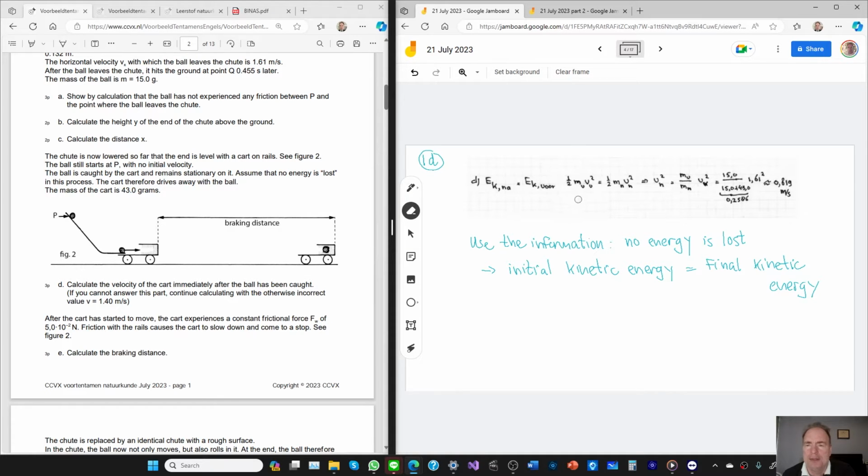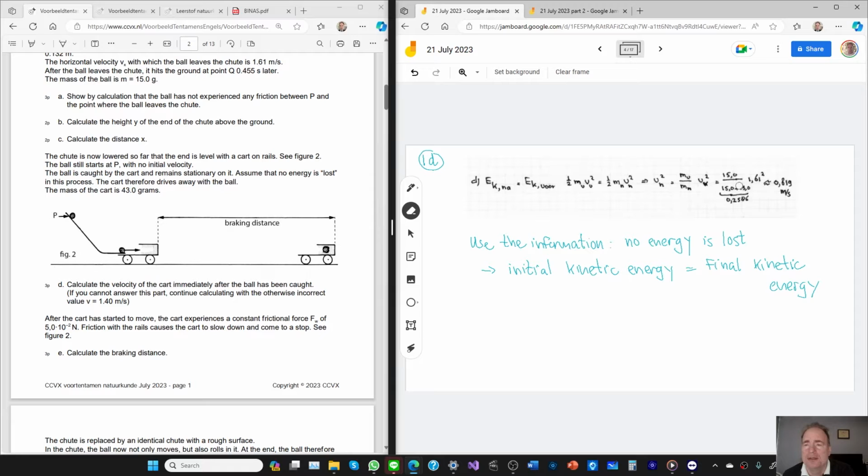And then it's just a matter of substituting this, and with the unknown being the horizontal speed of the card, all other information is known. So the mass after is just the mass of the ball plus the mass of the card.